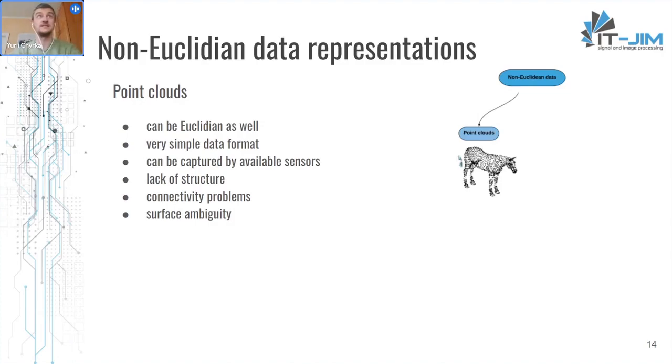Along with that, there are connectivity problems, because there is no information about nearest neighbors, and the surface ambiguity, because once again, there are only points in space, and we have to somehow reason about connections between these points.